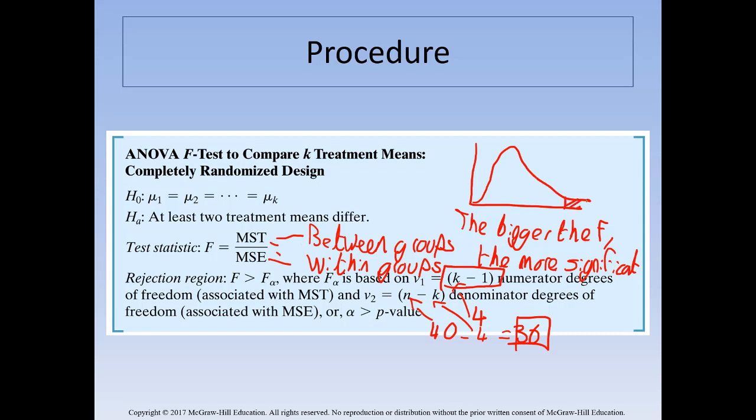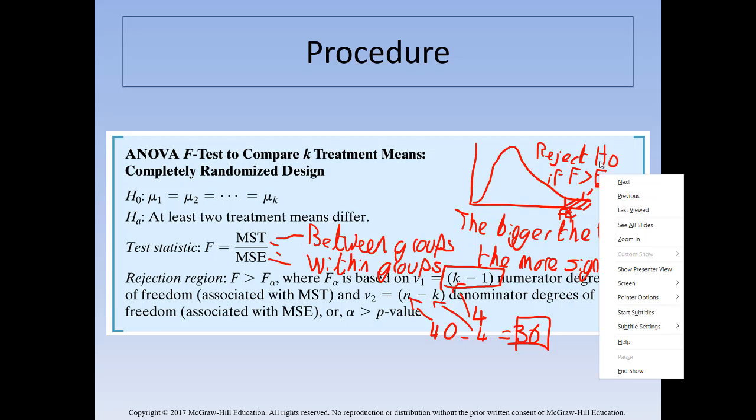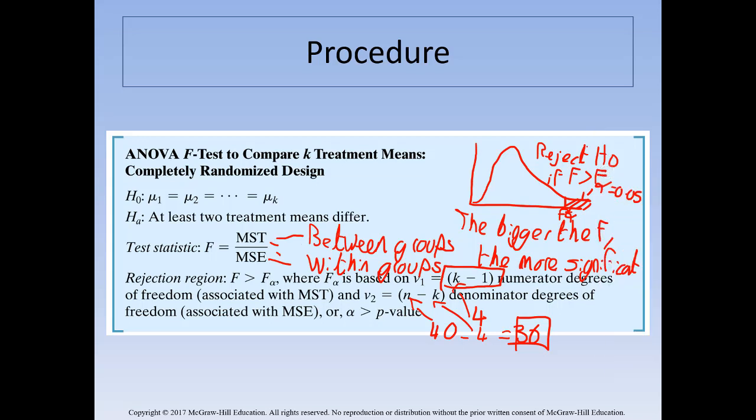And for any alpha, so again, this type 1 error, which is how strict our test is, say we said alpha equals 0.05, this is my F star alpha. We're going to reject H0 if F is greater than my F star, my critical value.